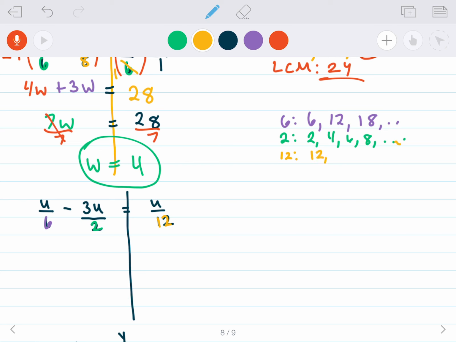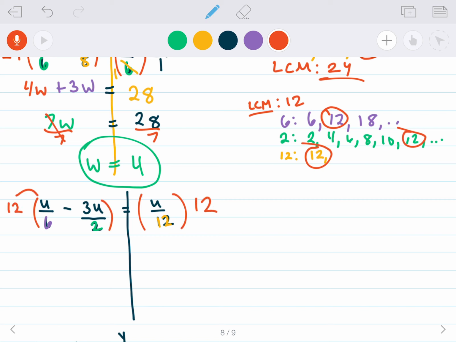All of these have 12 as the smallest. So my least common multiple is 12. So I'll multiply both sides by 12.